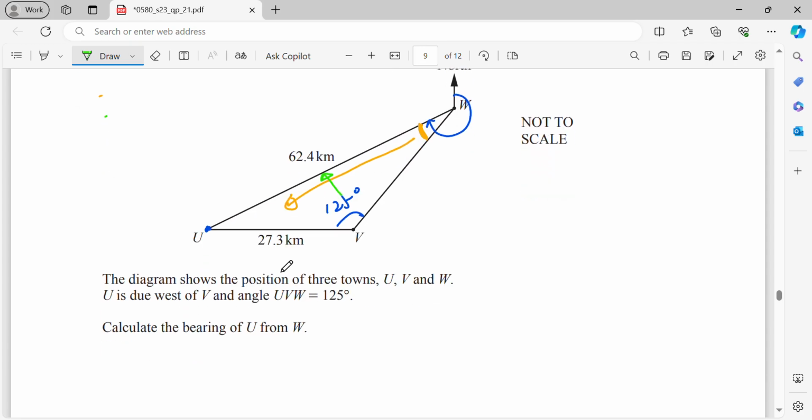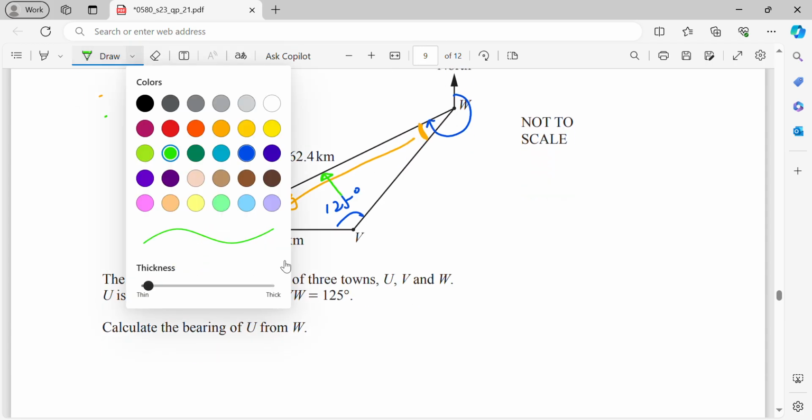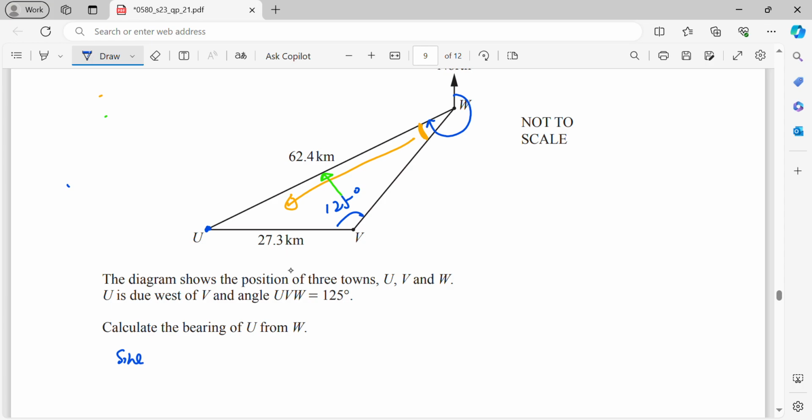Which means now I can just apply the sine rule to find the angle UWV first. So sine rule, I will just write 27.3 over sine angle UWV equals 62.4 over sine 125 degrees.